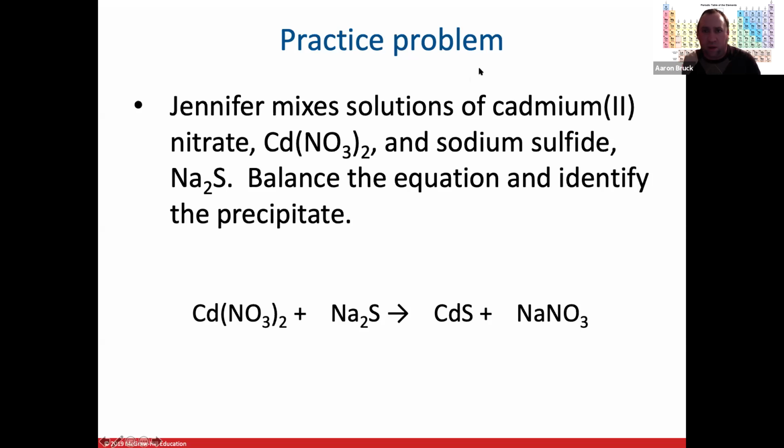So from a standpoint of balancing, I should be able to recognize that, again, I've got nitrate as a cluster on both sides. So I've got cadmium, nitrate, sodium, and sulfur on both sides.